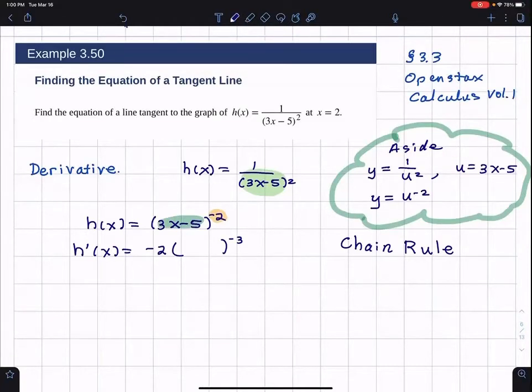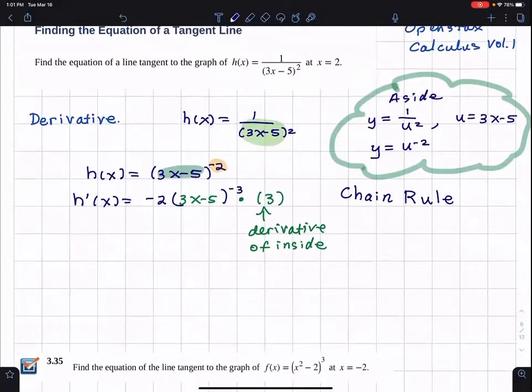And then I copy it back down and put it inside that derivative. Now, I follow up by taking the derivative of what's inside. That's really informal language, calling it the inside, but for 3x minus 5, the derivative is 3.